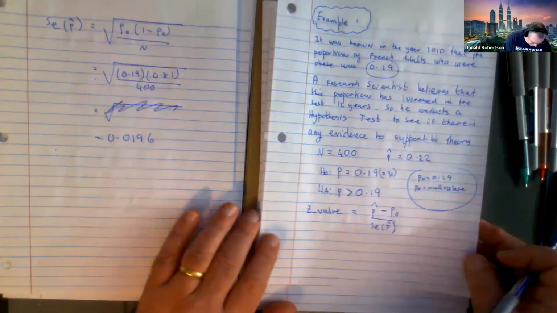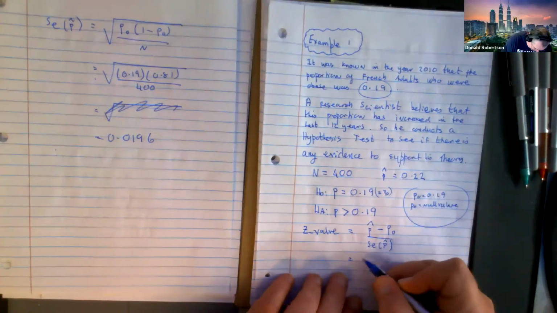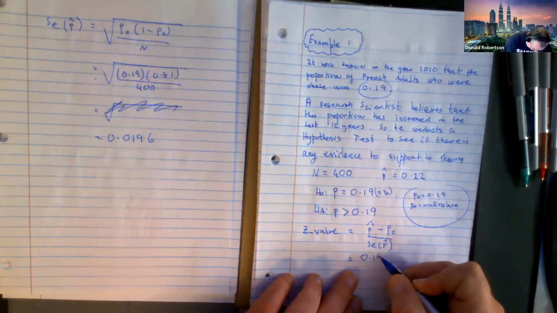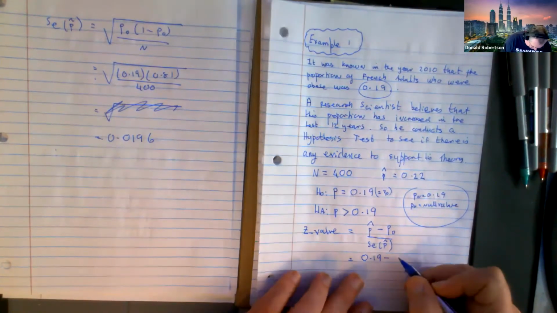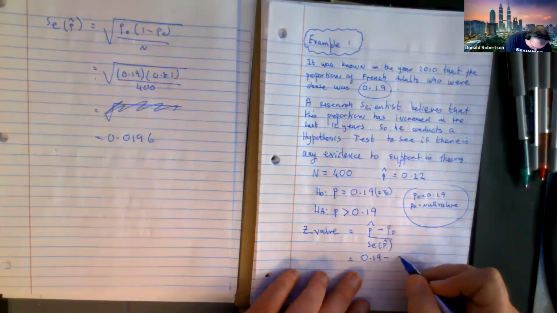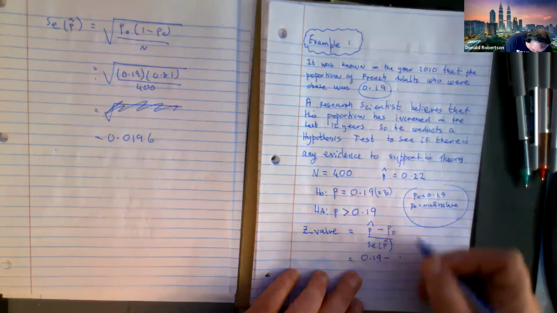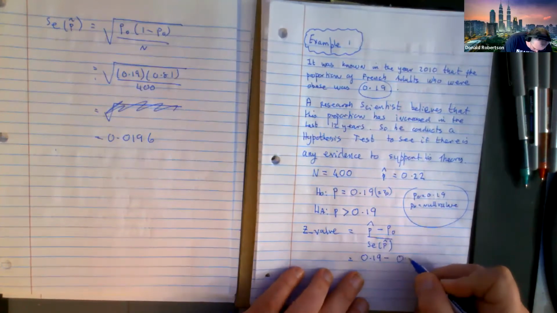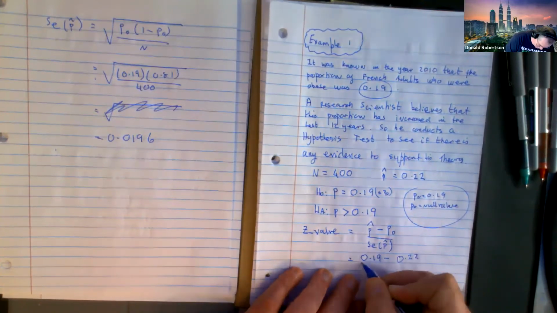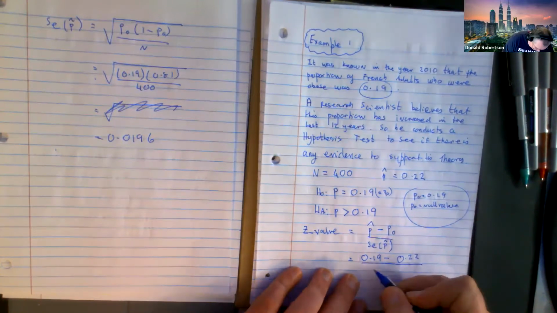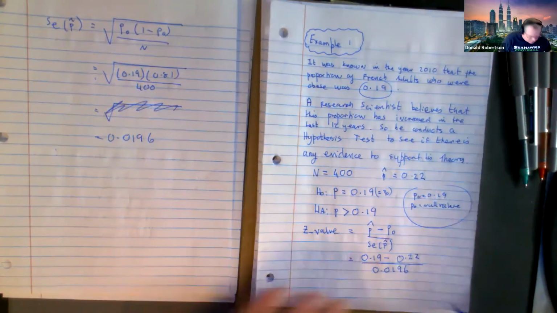So our Z value is 0.19, take away P hat, which is 0.22, divided by 0.0196.